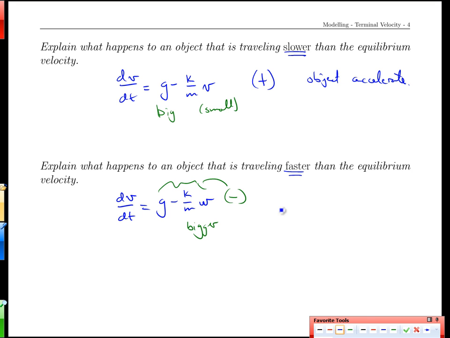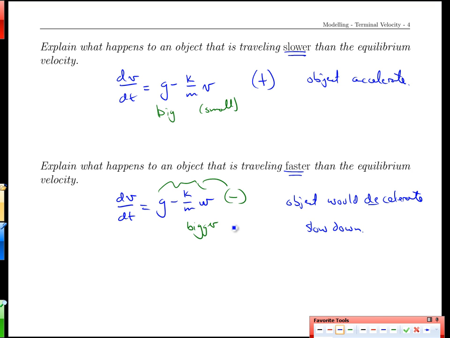And even though the object might be falling or moving downwards, the object would, I have to be careful with words like this, but it would be accelerating in the negative direction here. It would slow down. That would probably be the best way to talk about it.